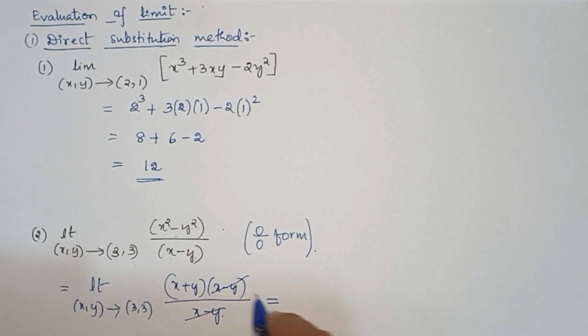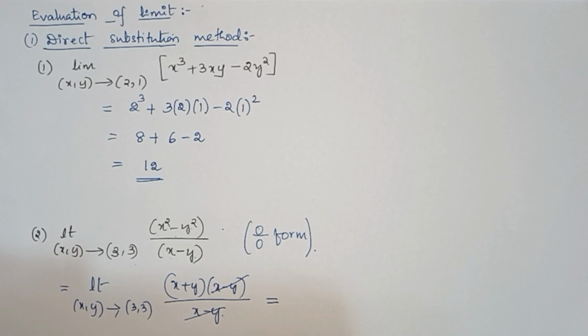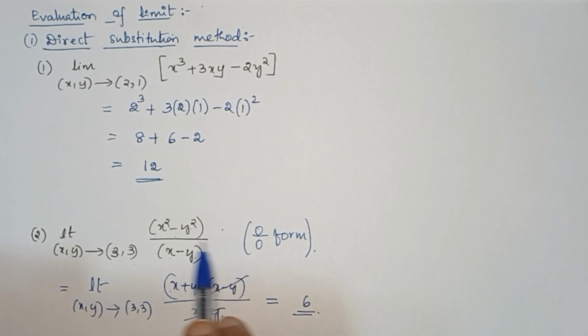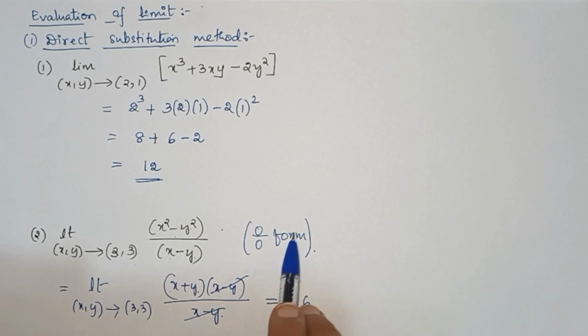The factor which was making both numerator and denominator 0 got cancelled. Now you apply the limit, that is 3 plus 3, which gives you the value 6. Here also direct substitution works, but you have to convert the given function into a new format so that it doesn't give you 0 by 0 form. So finally we got the value of this limit as 6.